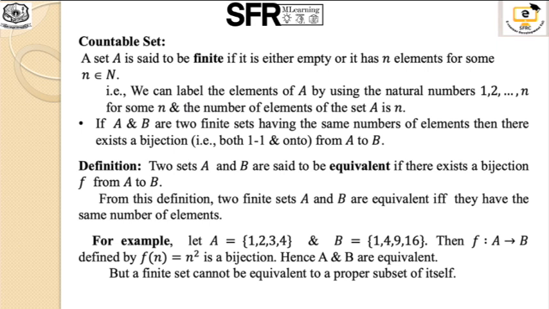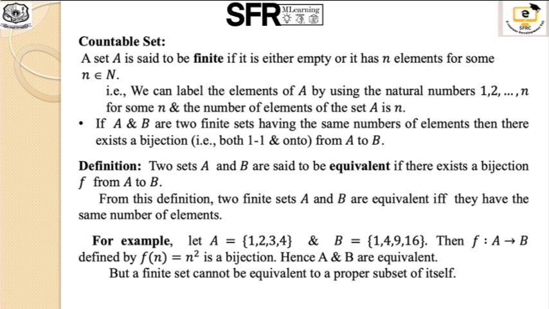If two sets A and B are finite sets having the same number of elements, then there exists a bijection from A to B, that is, f is both one-to-one and onto. Two finite sets are said to have the same number of elements means they have a bijection mapping. Next, when do we say that two sets are equivalent? Two sets are equivalent if there exists a bijection from A to B. Two finite sets are equivalent if and only if they have the same number of elements.